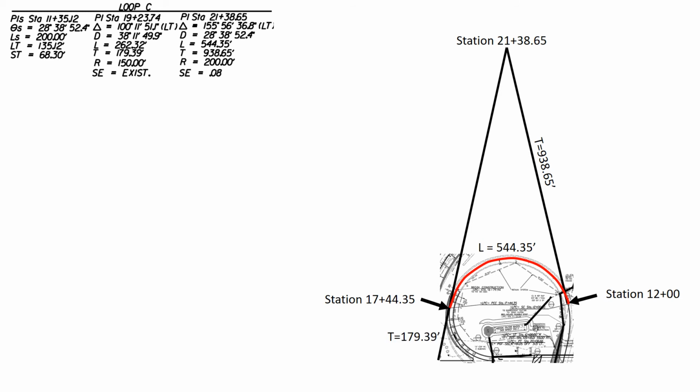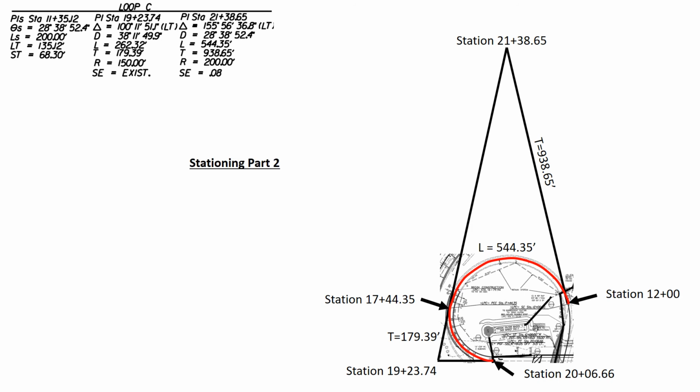The tangent length is 179.39 feet. And those tangents intersect at the point of intersection, which is station 19 plus 23.74. We've got our length there, the red portion that finishes out our compound curve system. Remember, for a compound curve, we've got two curves that are adjoining that have different radius values. And that ends at station 20 plus 06.66.